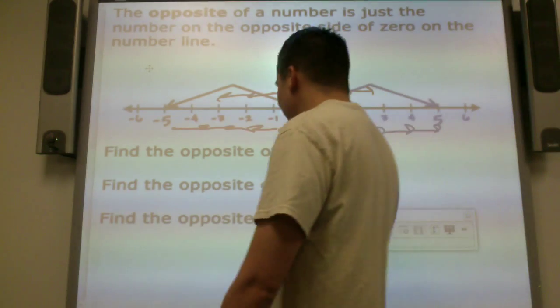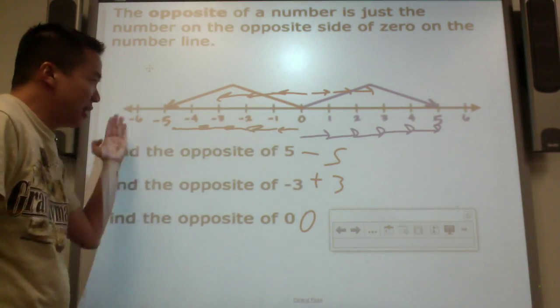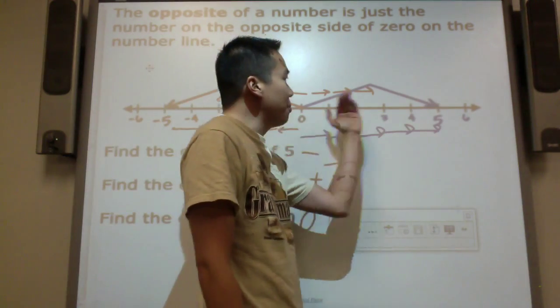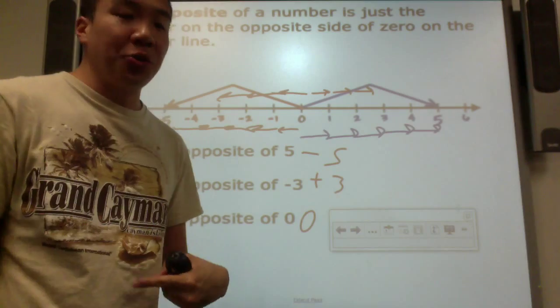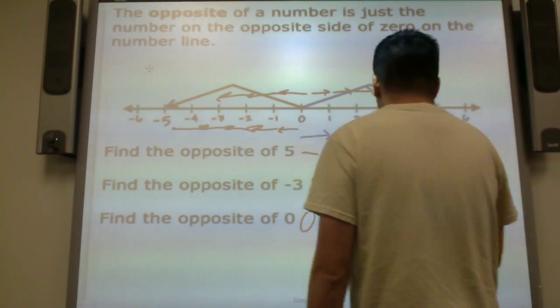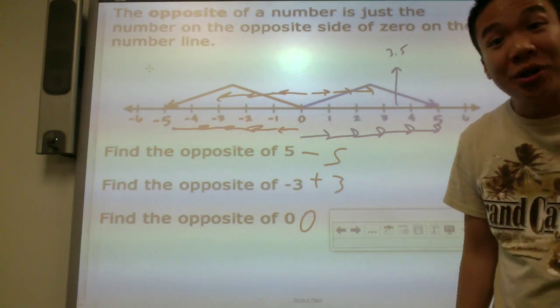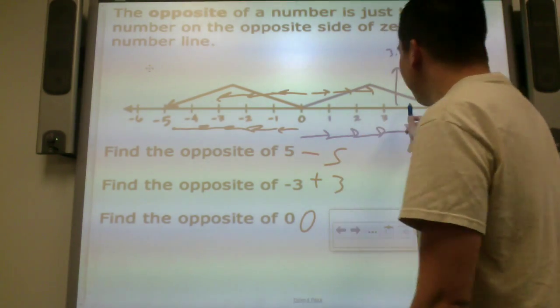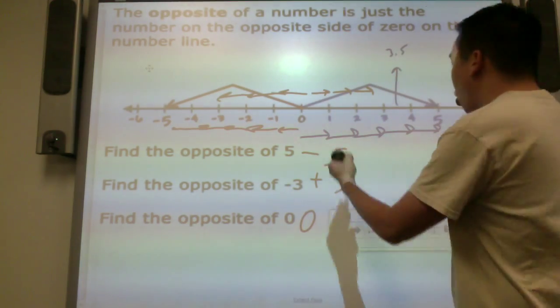So let's do a little harder. These are integers: negative whole numbers, 0, positive whole numbers. Let's include a decimal or fraction, a rational number. What if you say 3.5? This is 3.5 to the right of 0.